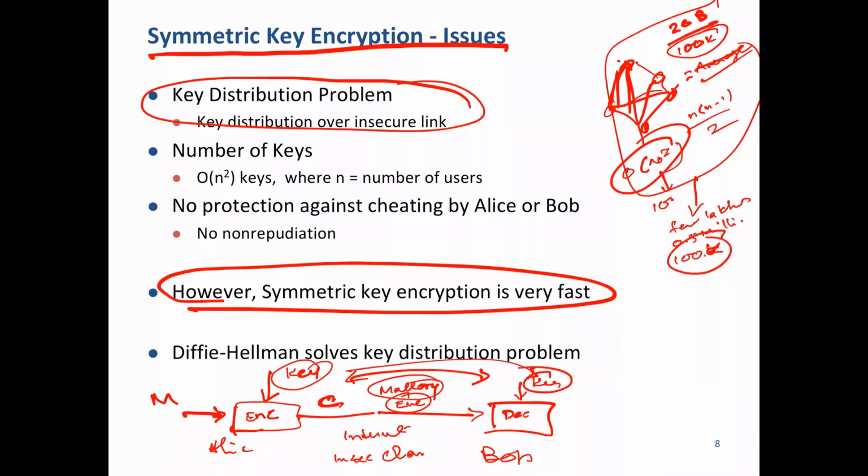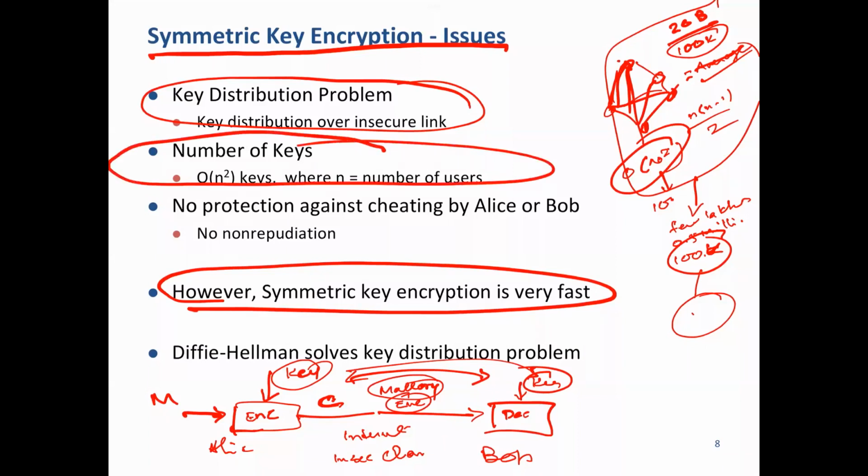So 100K employees need to exchange keys with 100K employees. How many, order n square, will be what? 100K into 100K is a very, very big number. How are you going to do that? So the number of keys is very, very problematic if everyone wants to communicate with everybody else in the organization.